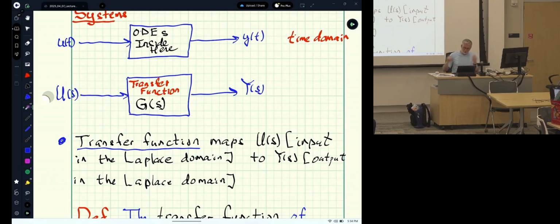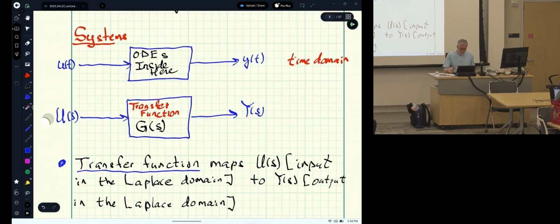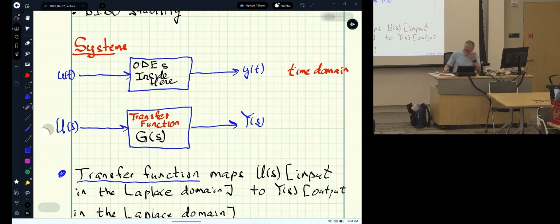So there's lots of choices for signals. Okay. If you're RLC circuit, you probably take voltages across some of the inductors and currents through some of the capacitors or vice versa as your outputs. And your input is the power source driving the circuit. Okay, so systems transform inputs into outputs.